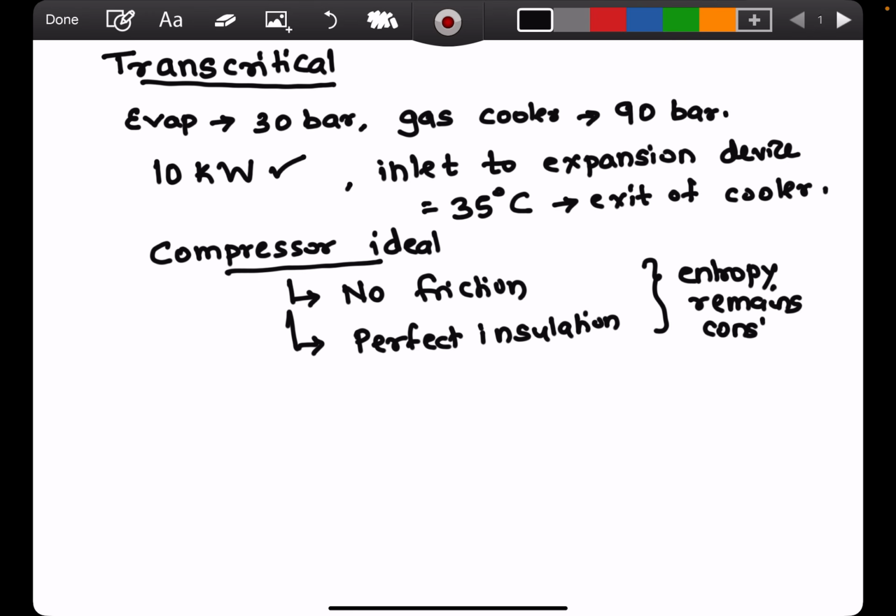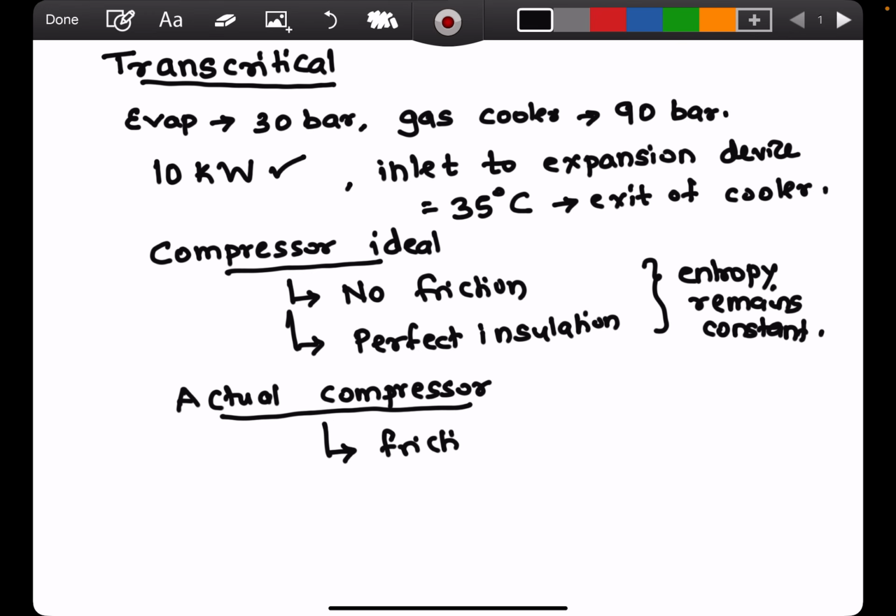However, in real life, the actual compressors would have certain friction and are not insulated, so they would have heat exchange. In that case, the entropy during compression would increase. It would not remain constant, right?